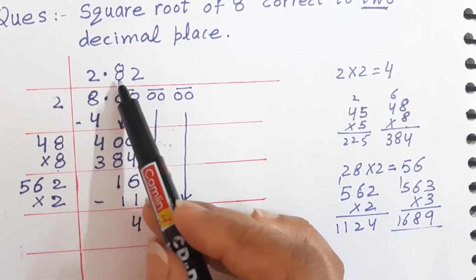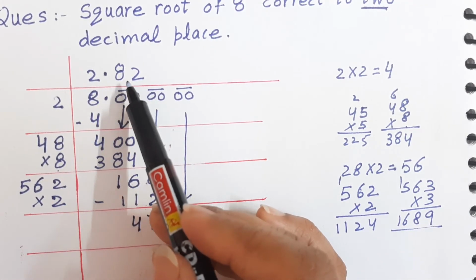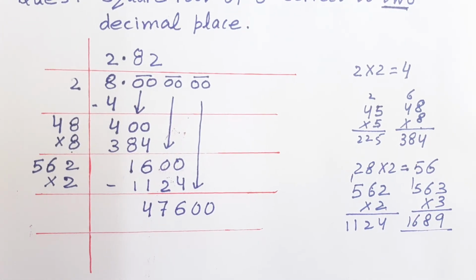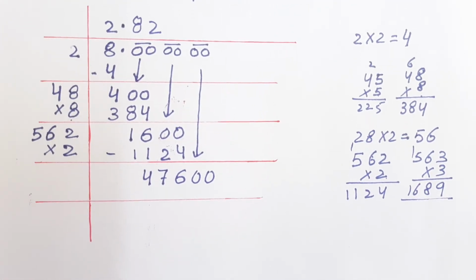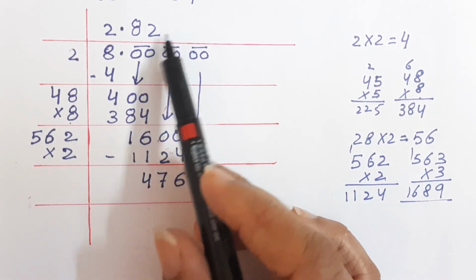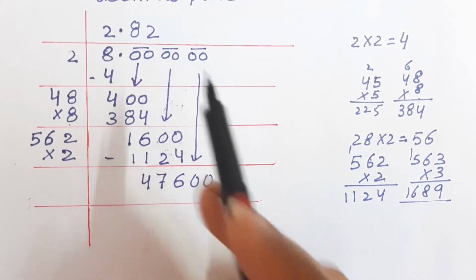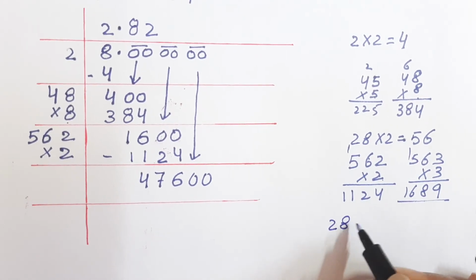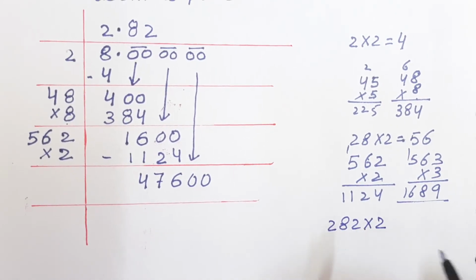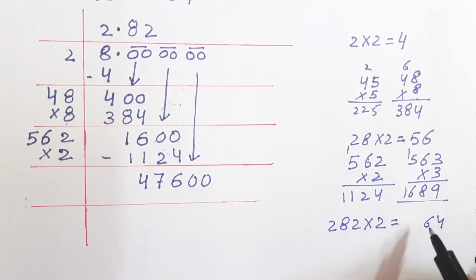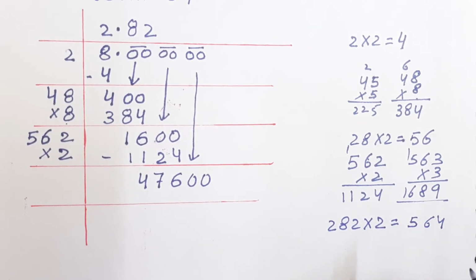Students, we have already got two decimals here. But as per the rule, we need to find till 3 decimal places. Right? So let us again take the double of the quotient, that is 282 multiplied by 2. So that is equal to how much? 2 2s are 4, 8 2s are 16, then 2 2s are 4 and 5.